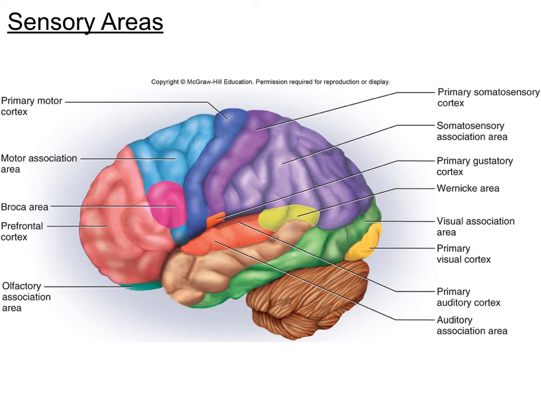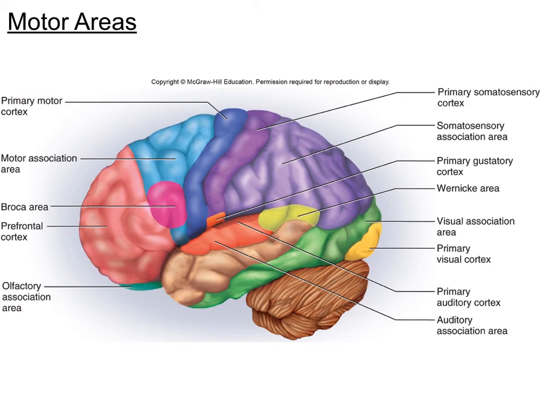Now, the primary olfactory cortex gives you olfactory perception, so you gain a conscious awareness of odor. If you have damage to this cortex, since this is the area that says, I have smelled something, you're going to have anosmia, which is an inability to detect odor.